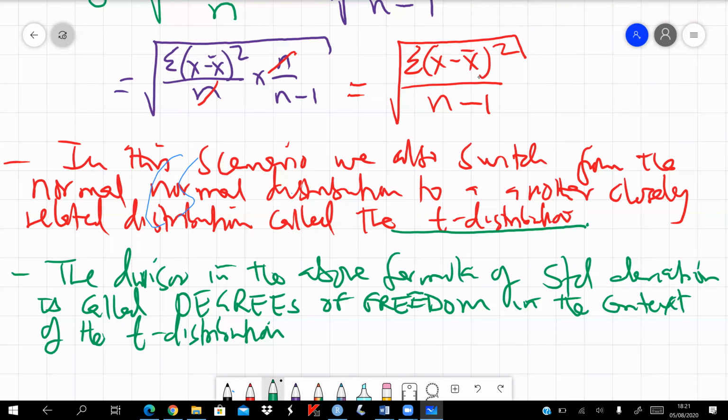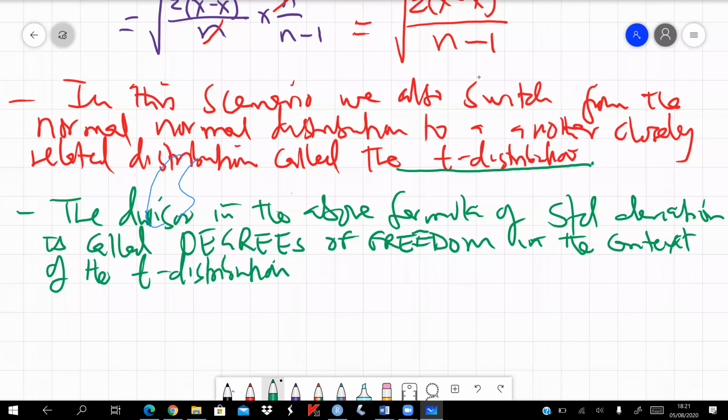So usually we denote the degrees of freedom by d.f., which is equal to n minus 1. This divisor, this value is the one that I'm talking about. We call it the degrees of freedom.